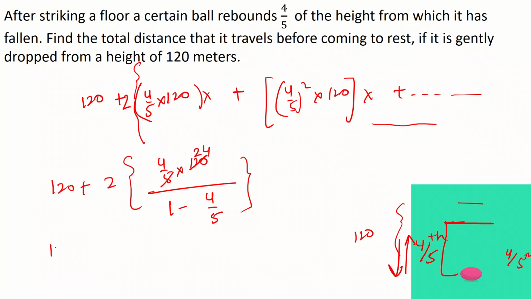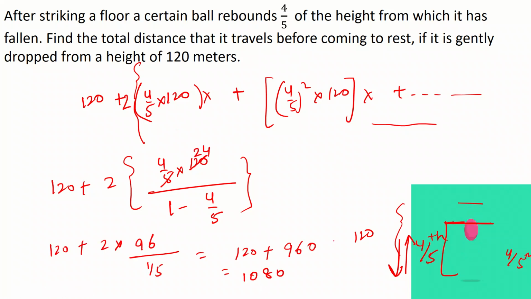So I have 120 plus 2 times 96 divided by 1 by 5. So I have 120 plus 960, which is equal to 1080. So this is the total distance, 1080 meters, that is traveled by the ball.